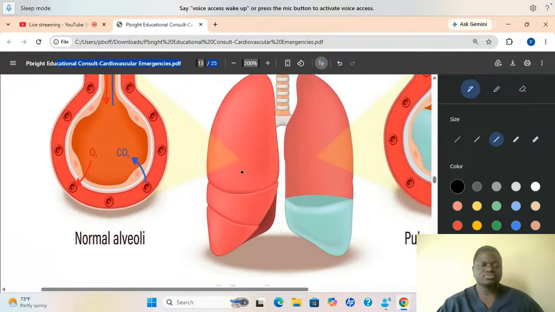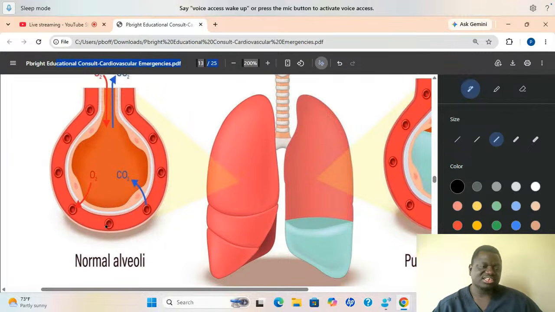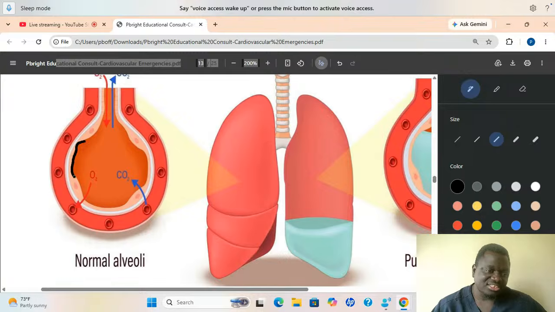Let's go on. So this is a normal alveoli. This is the blood vessel, the red is the blood, and this is the alveoli. Have you seen this small space, the light pink, just above the white one?